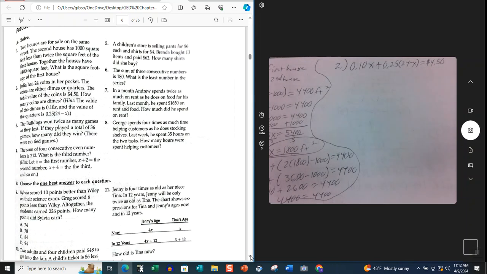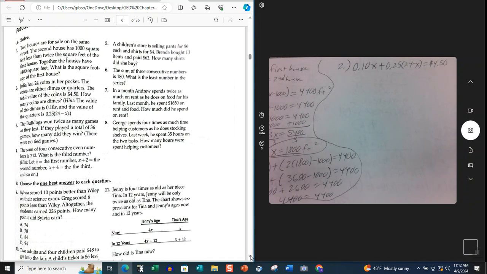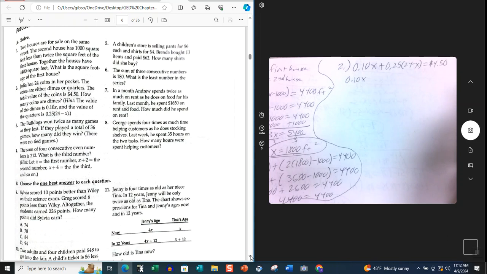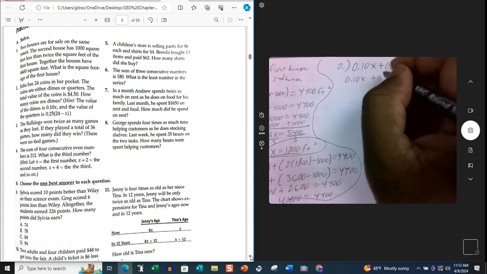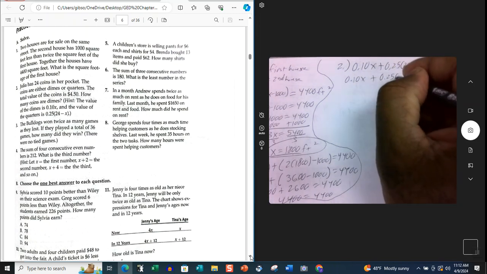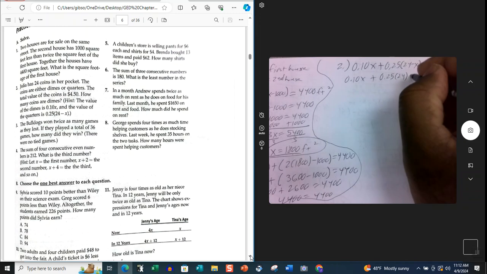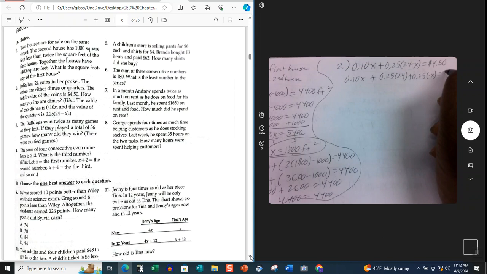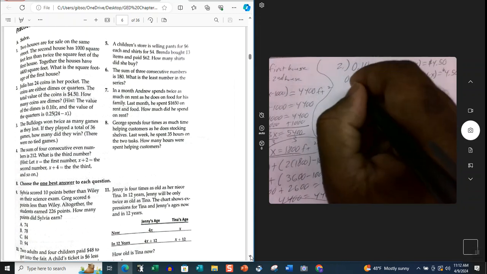Now they want us to find out how many coins are dimes. So this would be 0.10x plus 0.25 times 24 plus 0.25 times the negative x is equal to 4.50. Because remember, we use the distributive property here.